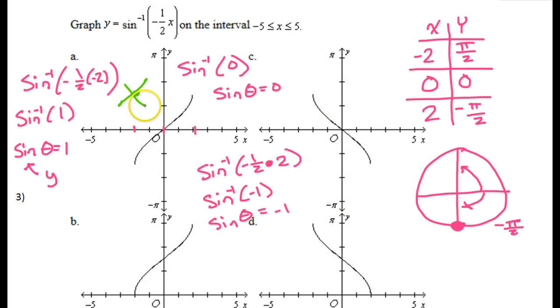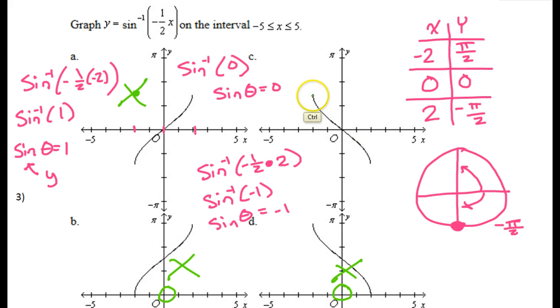Okay, so look at B. Well, one of the points is 0, 0. So there's nothing here at 0, 0. So that's not it. There's nothing here at 0, 0 either, so that's not it. So I already know that the answer is going to be C. But let's follow through and check everything.